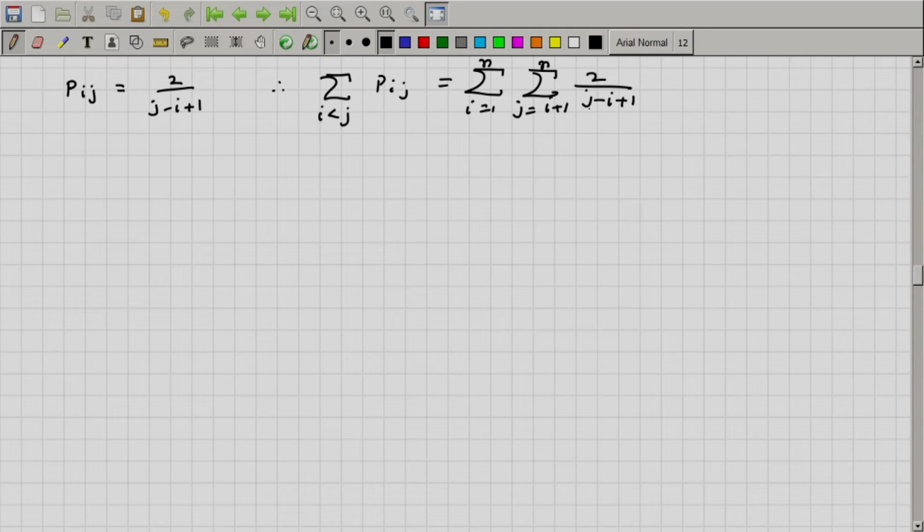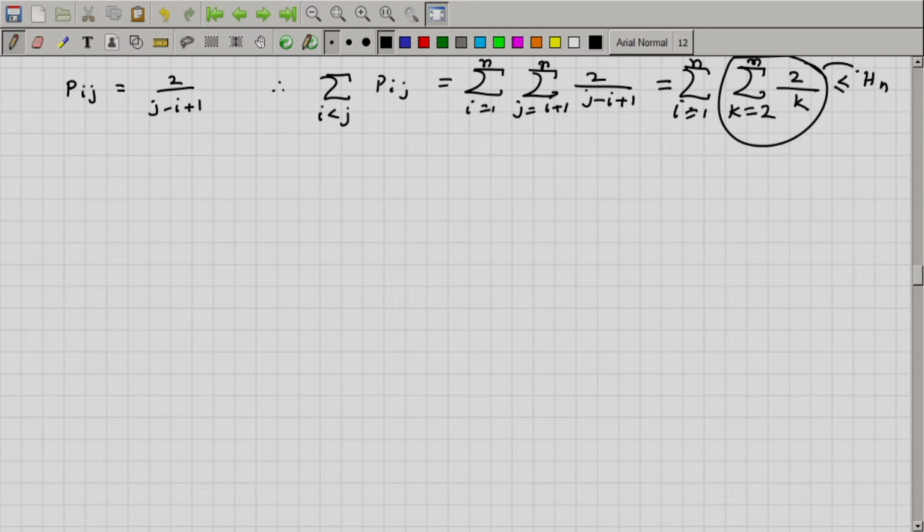When j equals i plus 1, this quantity is the summation over i equals 1 to n. The inner index will vary as k equals 2 to n of 2 by k. So the inner summation is less than Hn. So, this part is Hn.